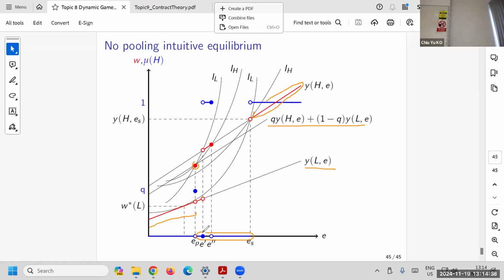So the orange one is the standard one, right? And this is coming from the refinement from domination. Okay, so now we argue that the intuitive criterion will impose this guy. Will impose the green one.